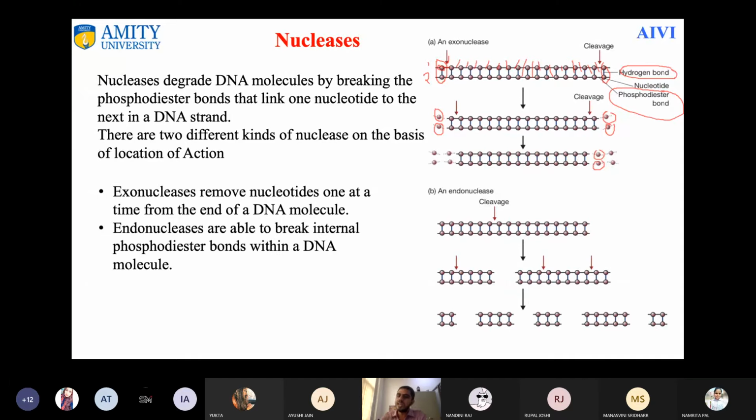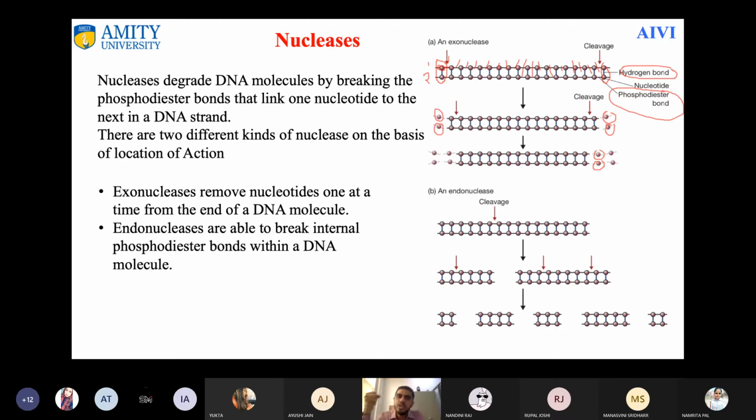Those nucleases that keep producing cuts at the end are the exonucleases. The end product is nucleotides, because as each new end is generated, it produces a new cut.